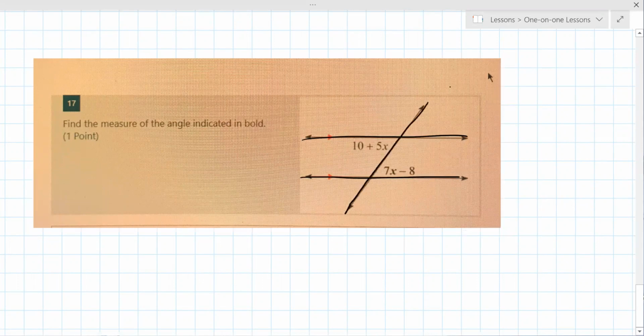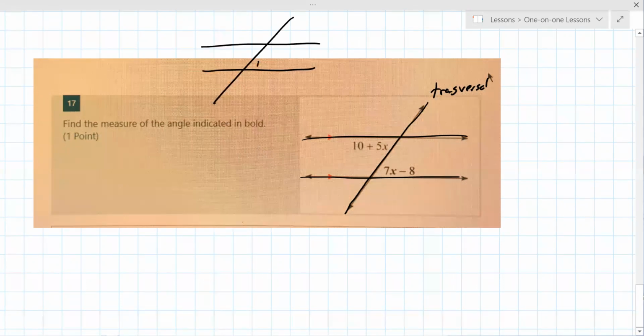This is the transversal. Whenever you have parallel lines and a transversal, if I give you this angle down here and the one on the other side up above here, these are called alternate interior angles. They are always congruent. These ones that alternate on either side. So these are equal.